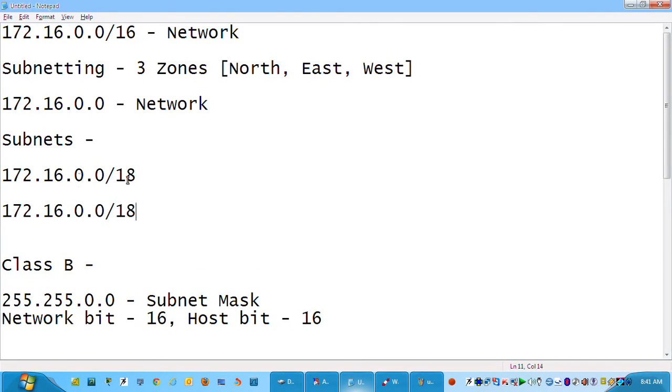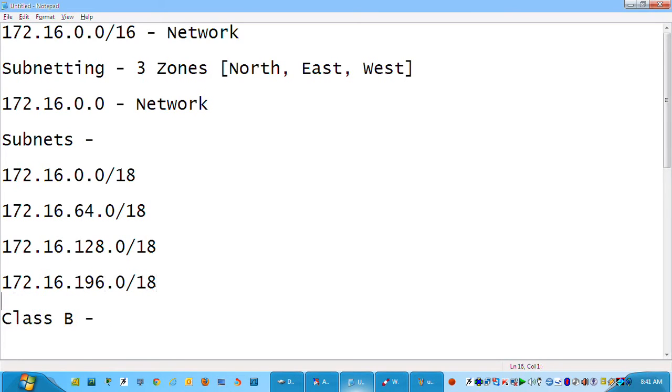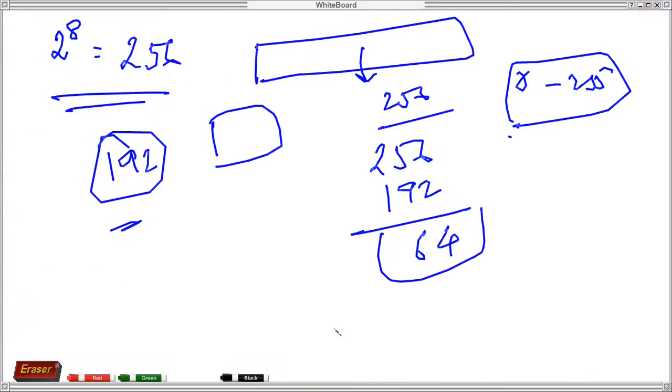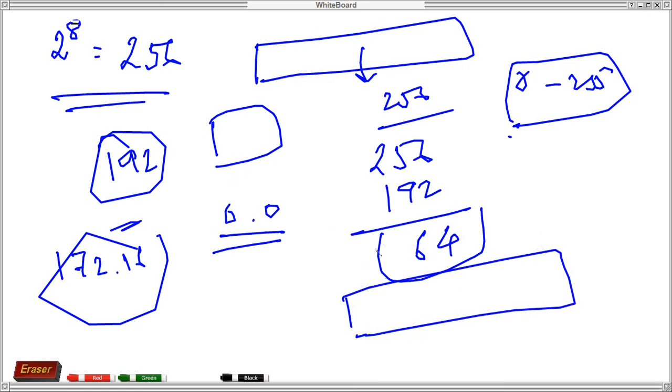These are 0.0, 64.0, 128.0 and 192.0. Now please understand how I am getting it. It was 172.16.0.0. Now if you look into the 8 bits, the first 2 bits will be in the network portion.